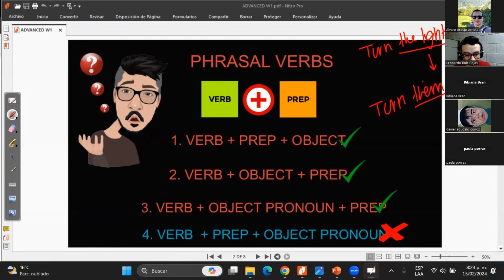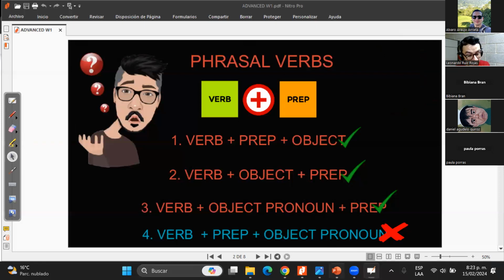Ya sé que ese them hace referencia a the lights. Es como solamente una cosa estilística para poder ser más fluido. Como cuando en vez de decir apaga las luces, te digo apágalas. Pero ese las ya sé que está haciendo referencia a las luces. ¿Yes? Ok, ok, ok. Entiendo. Pero es una cosa meramente estilística, no es nada más. Ready? Ok. Don't worry.